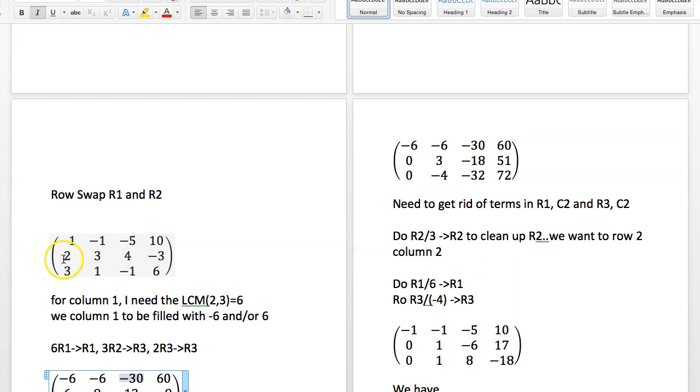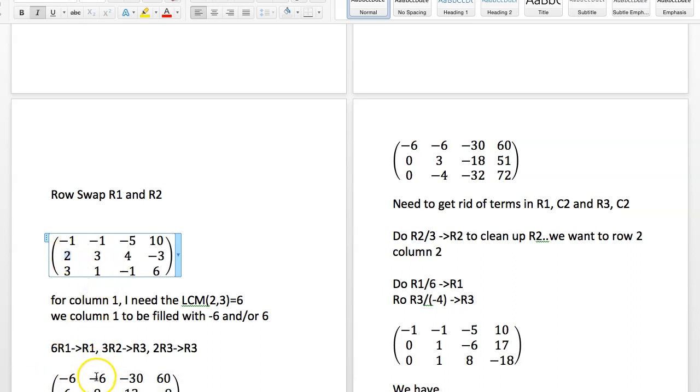Okay, now let's look at row 2. Let's multiply everybody in row 2 by 3. You have to multiply 2 by 3 to get 6, so you have to multiply all of 2's buddies, which are in the same row, by 3. Times 3, we get the 6 that we wanted.